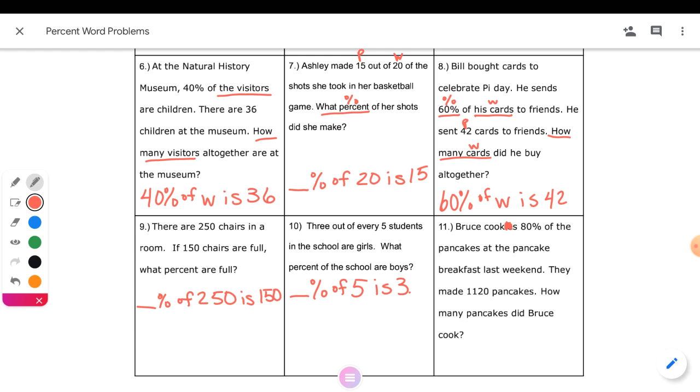Owen, what'd you have? 80% of 1,120 equals P. How did you know that 1,120 was our whole? They made 1,120 pancakes. That is the total, and it wants to know how many he made. He made 80% of that total amount of pancakes.